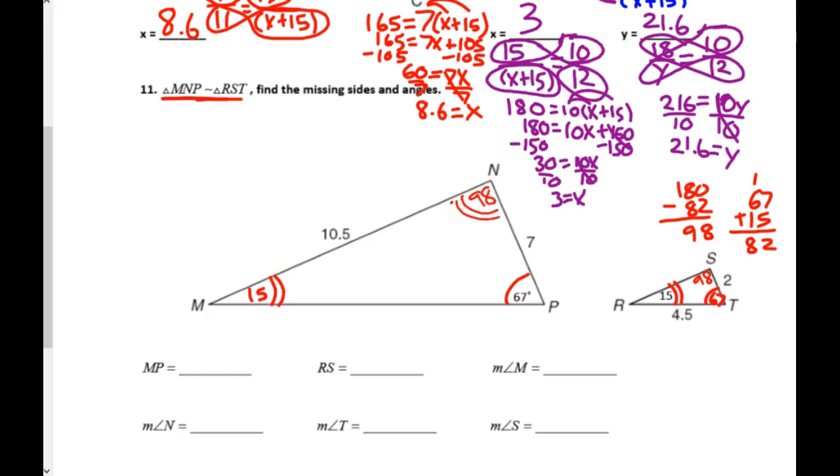And that would be our third angle. Alright. So we got all of our angles. We might as well answer them first. So right here, the measure of angle M is 15 degrees.